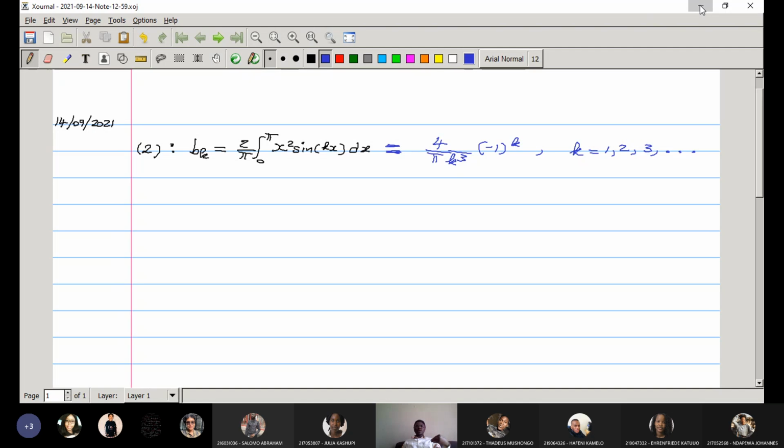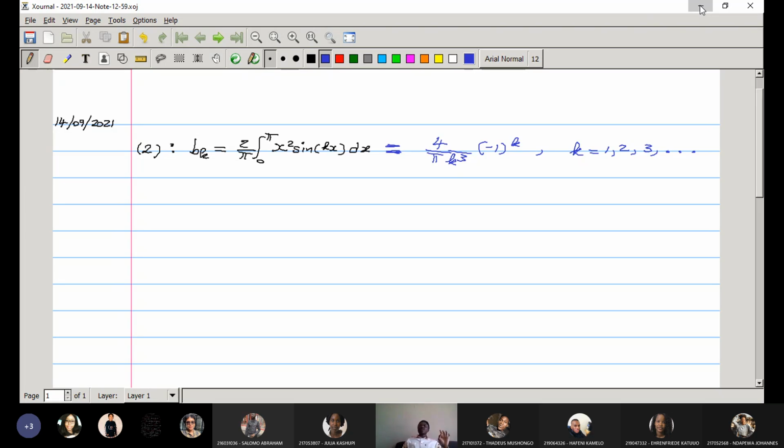Because if your function is odd, it can only be expanded in terms of an odd function. That is sine, only in terms of sine. If your function is odd, cosine cannot be present because cosine is even. But if the function is even, sine cannot be present in the expansion. It will only be cosine.